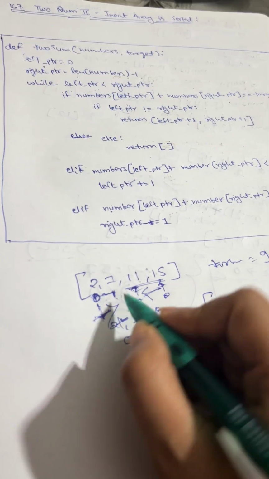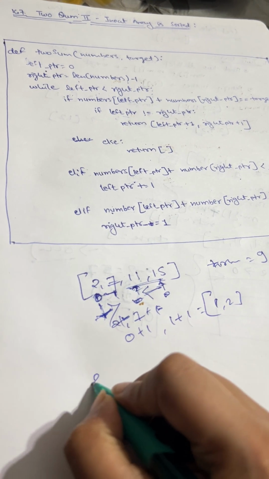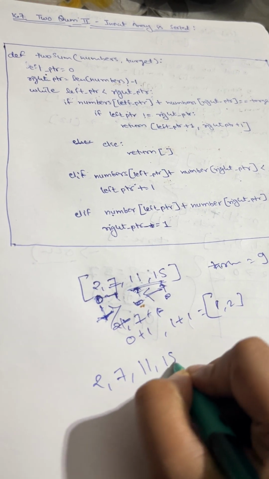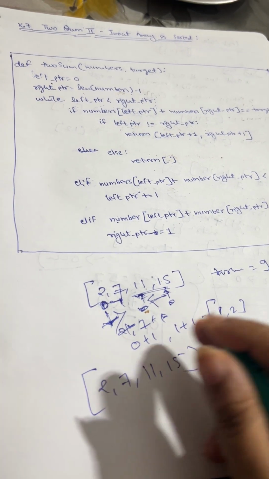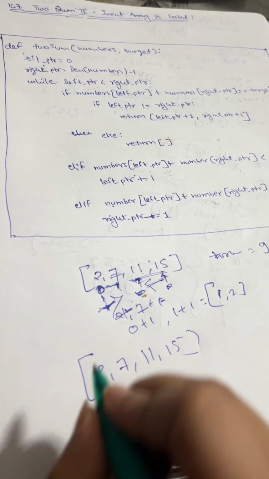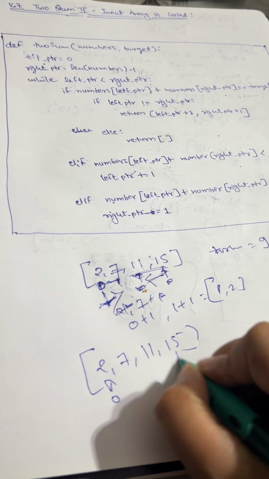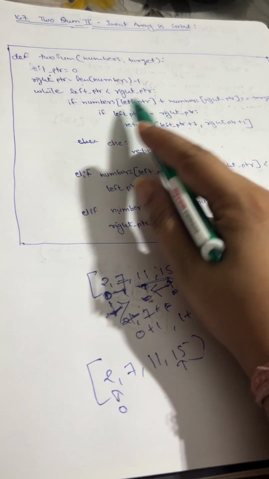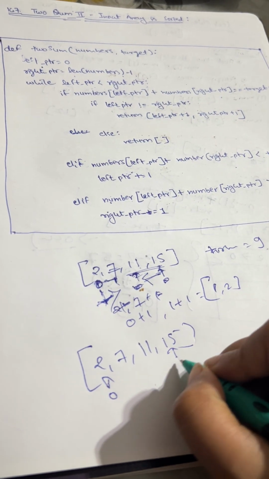Okay, let's take an example. Here 2, 7, 11, 15. So the left pointer starts from 0, it's pointing here, and the right pointer starts at length minus 1, so it points here, it's 3.